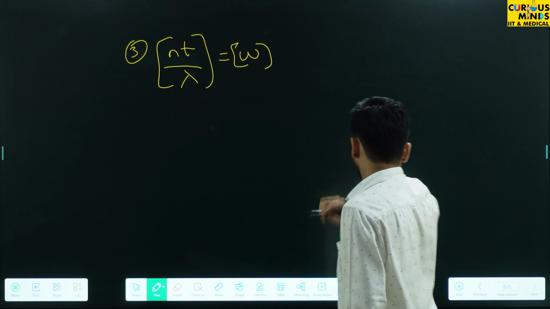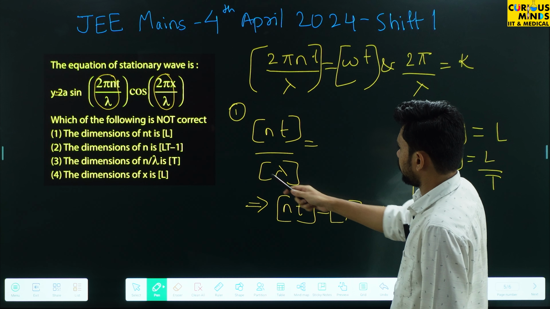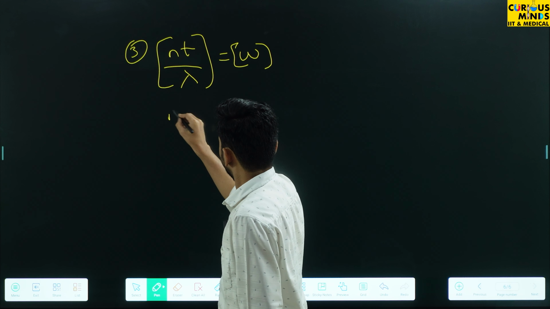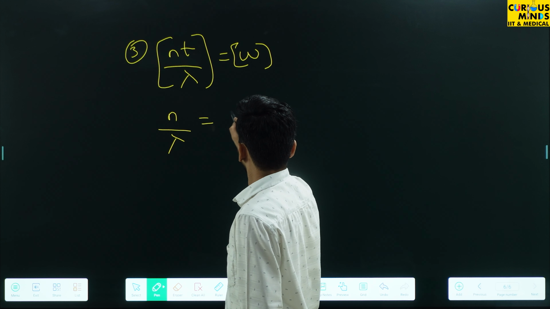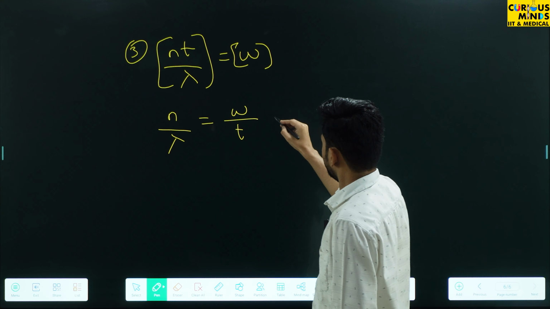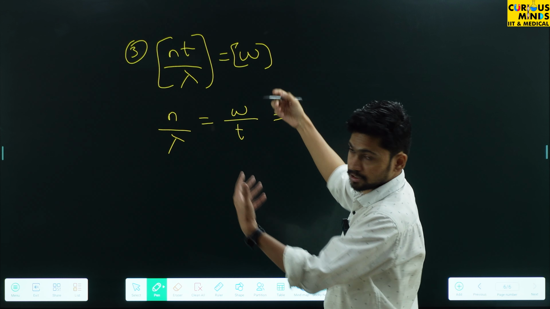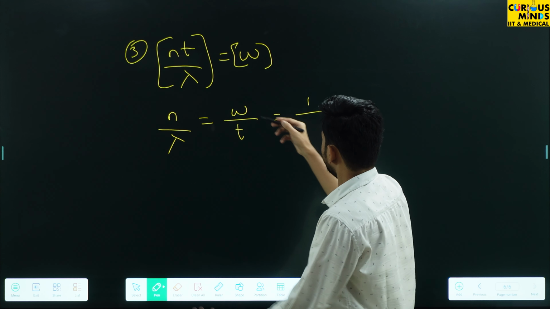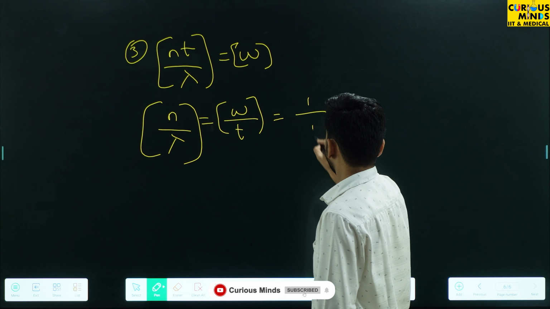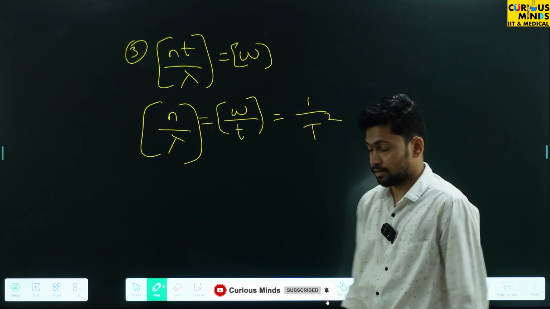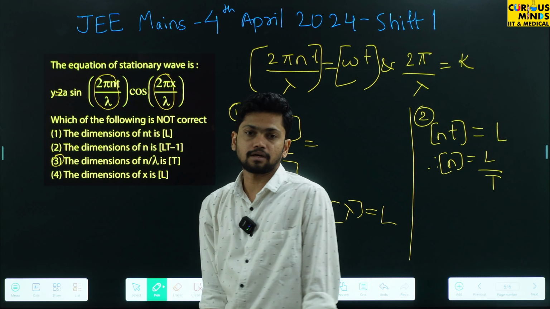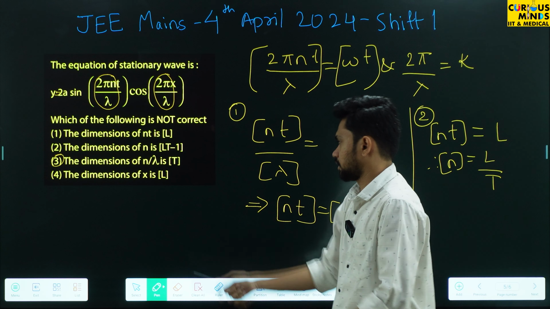And they are asking us to calculate n by lambda. So n by lambda will be omega by t. And what is omega? Dimension wise, if you take the dimension, it will be 1 over t squared. Okay. So this one is the culprit. This is the statement which is not right.